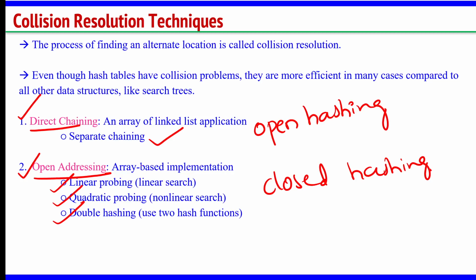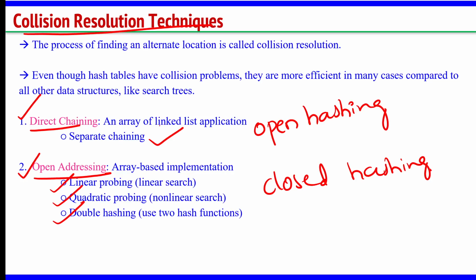Using these four techniques, we can avoid the collision while inserting the elements into the hash table. Collision occurs when you are trying to convert a key into an index using a hash function, so you have to adopt some collision resolution technique so that collision does not happen.